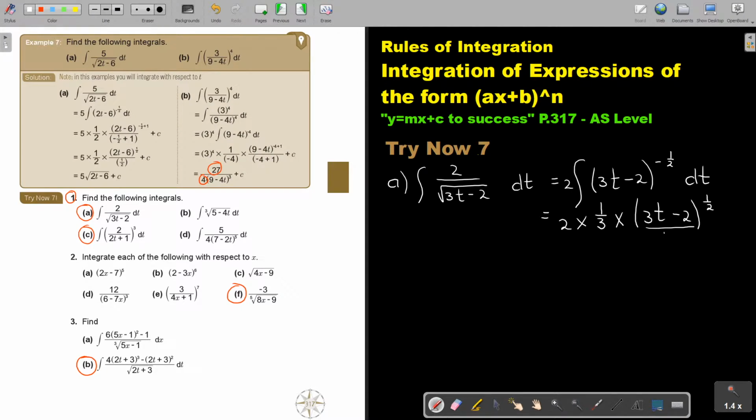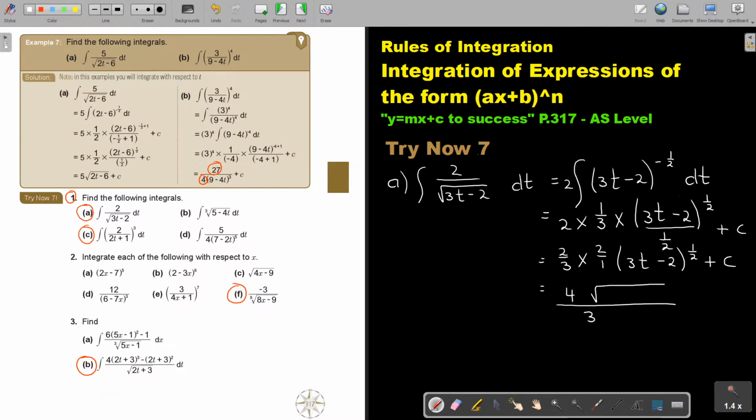And don't forget that you have to divide by that half, and then plus c. And if I'm doing that, I'm going to get now 2 over 3, which is this one, multiply reciprocal 2 over 1, and then I'll leave it first like that, 3t minus 2, plus c. And if I want to simplify that further, I'm going to get 4 over 3.